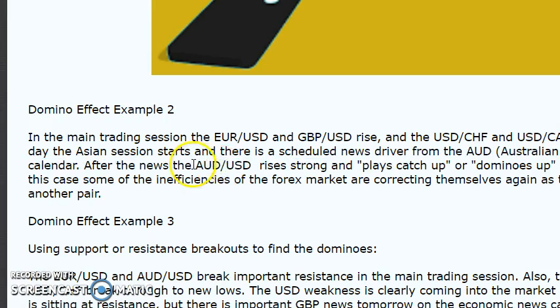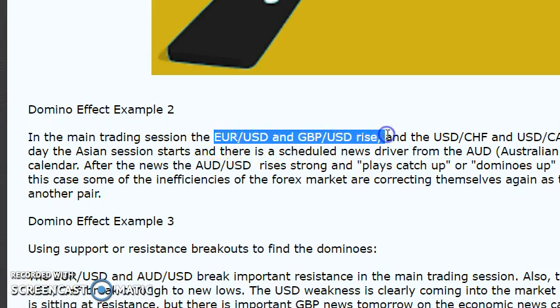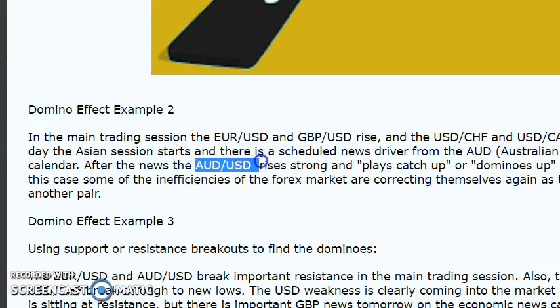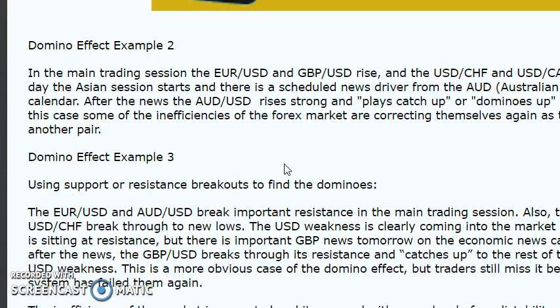And after the news, the Aussie USD starts to rise. So it's playing catch up, or equalizing the movements that occurred earlier in the day from the Pound USD and Euro USD. And the USD weakness finally hits the Aussie USD. Once again, it's the domino effect, trading session over trading session.